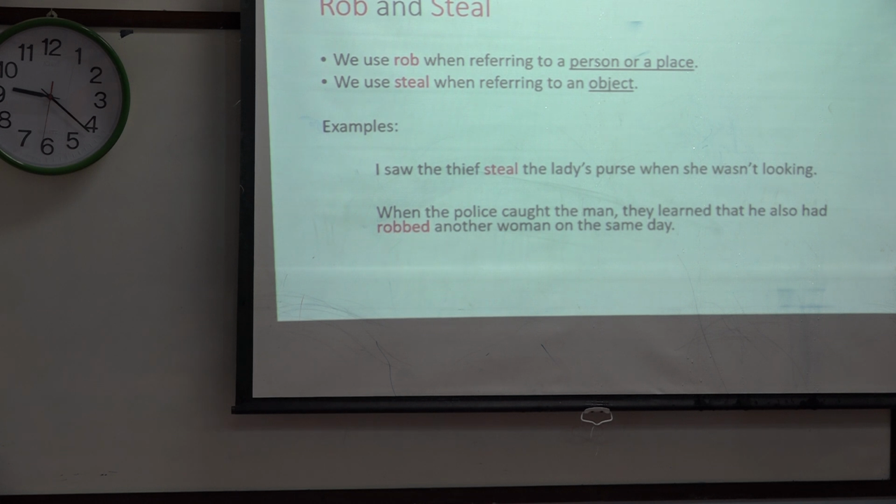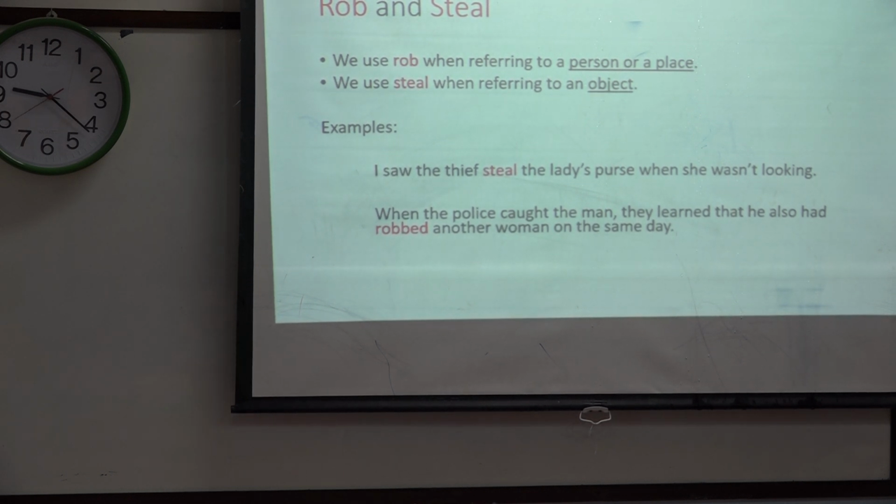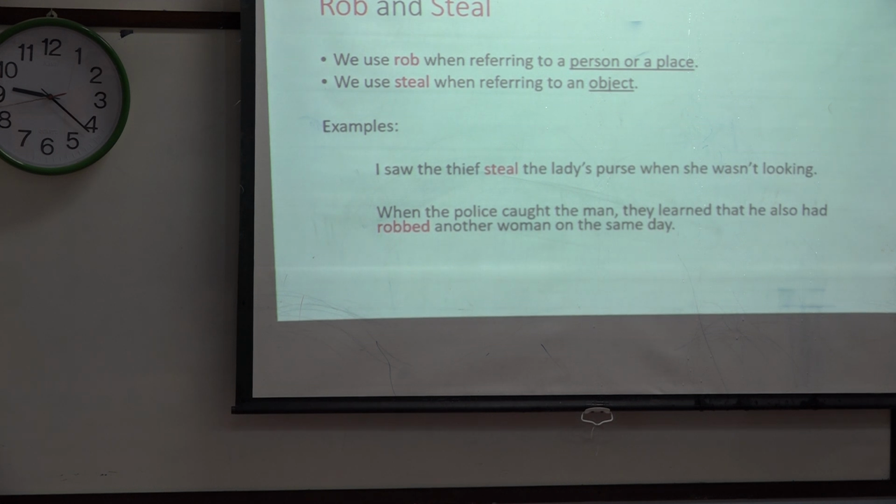Rob. And then steal. Steal is an easy sound to make. Well, rob refers to what we do to a person or a place. Steal refers to an object.